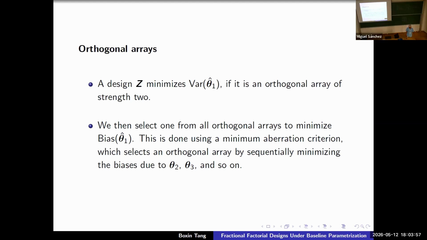So we minimize the variance first, and then minimize the bias due to two-factor interactions, and then due to three-factor interactions. Why do it sequentially? Because generally, we believe that main effects are more important than two-factor interactions, and two-factor interactions are more important than three-factor interactions, and so on. So you want to concentrate your effort on minimizing the bias due to two-factor interactions first, then three-factor interactions.